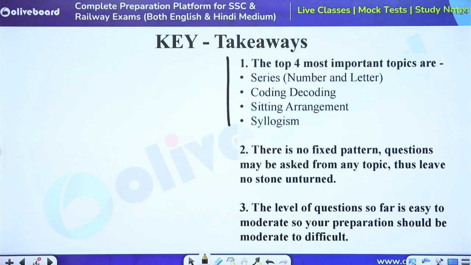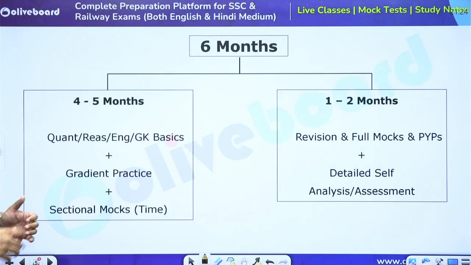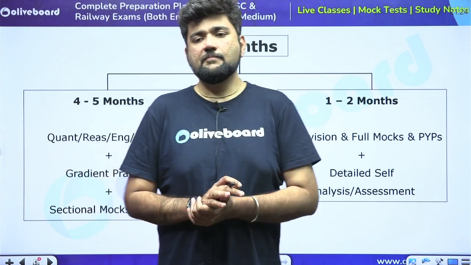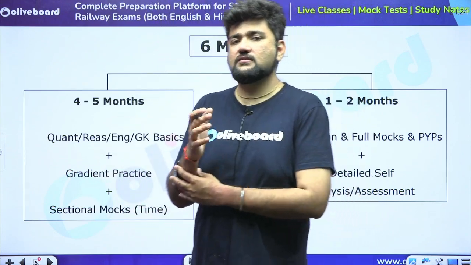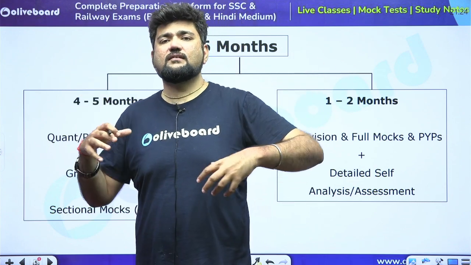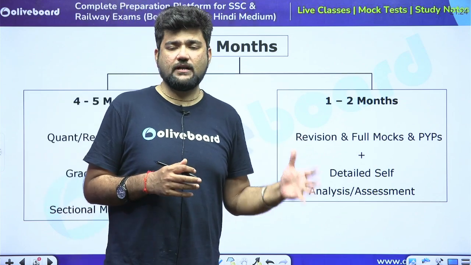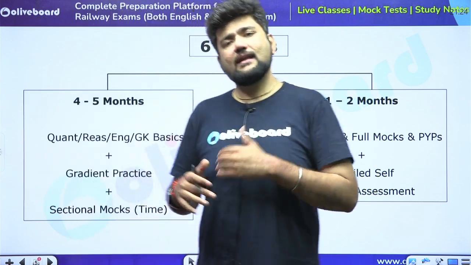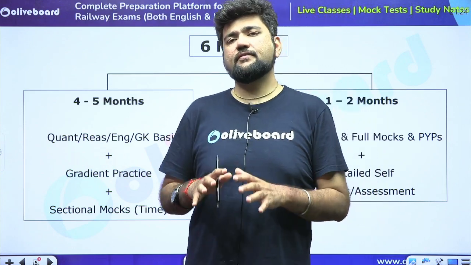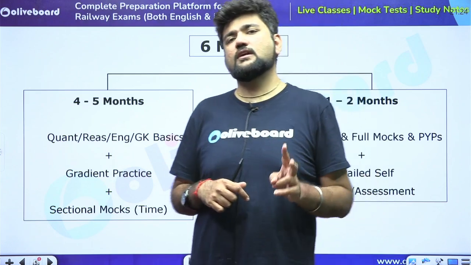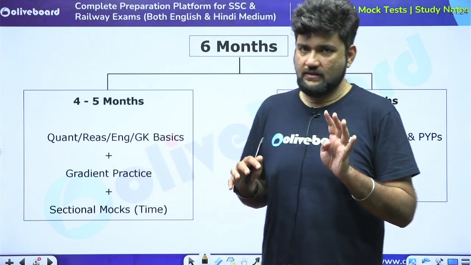Now let's discuss some strategies. I'll be telling you general strategies. As far as the general strategy is concerned, this is a 6-month normal regular roadmap for any aspirant for any competitive examination, right? Any competitive examination usually has 4 major subjects: logical reasoning, quantitative aptitude, GK, GS and English language.